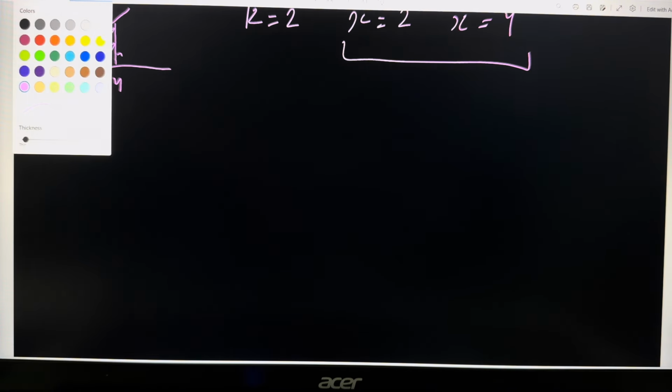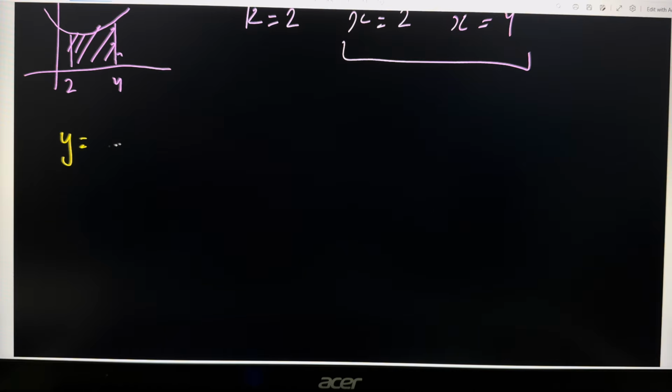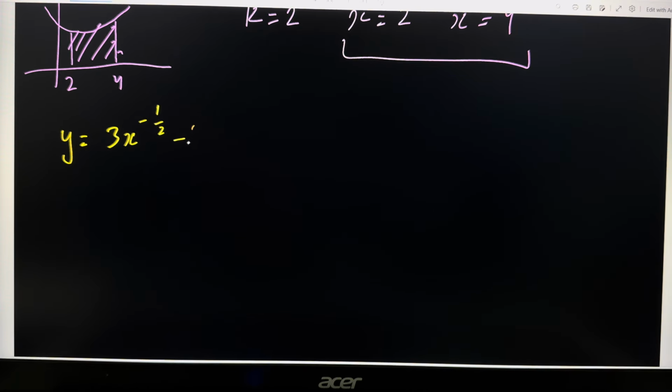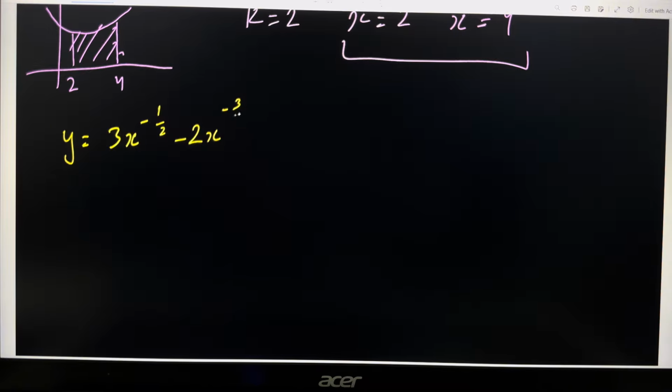All right, we know that y is equal to 3x minus 1 upon 2 minus 2x minus 3 upon 2. I hope this is it.